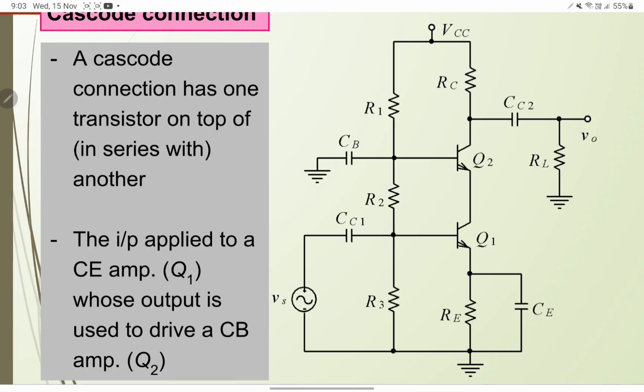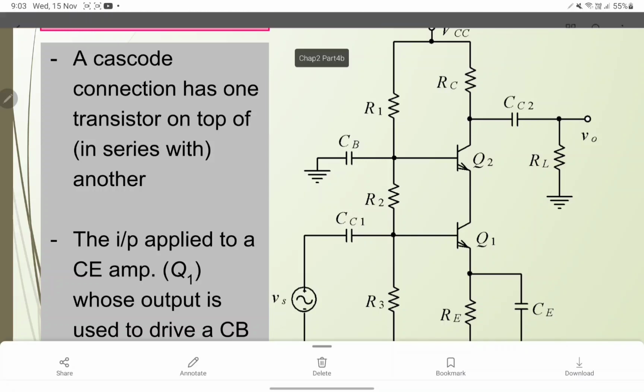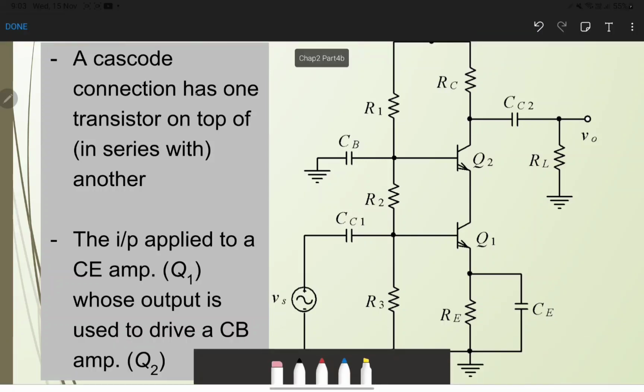However, in cascode, the connections are one transistor on top of another, where they are both in series, with Q2 at the top of Q1.